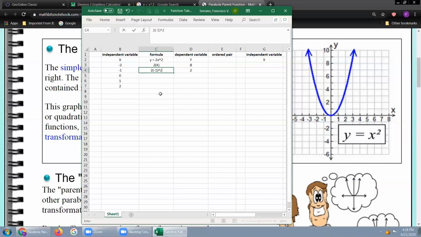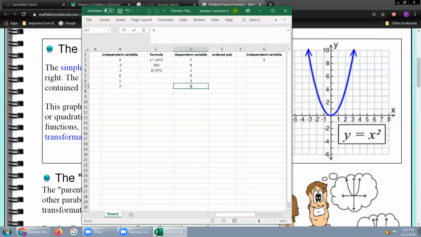Now remember your order of operations: exponents first, and it includes the negative sign. So -1 to the second power is 1. 1 times 2 is 2. Obviously 0 is going to give us back 0. 1 is going to be again 2. And 2 is going to be again 8.